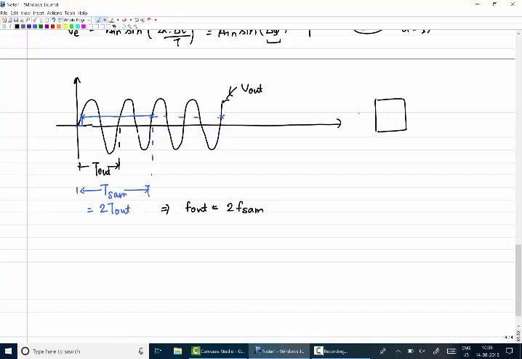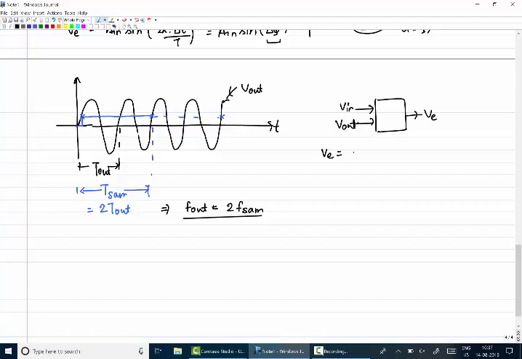So let's say this is my V in signal and V out signal. I am sampling V out with the lower frequency signal V in, and I am looking at phase error. I am telling you that F out is equal to 2 times F sample. I am enforcing that somehow, right?